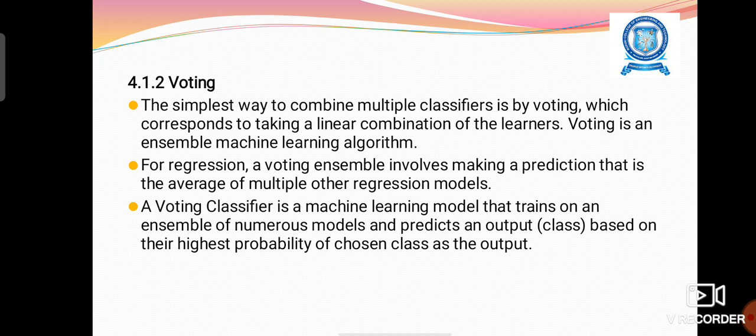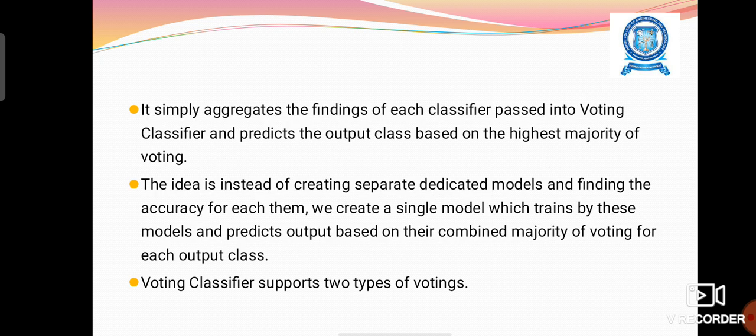A voting classifier is a machine learning model that trains on an ensemble of numerous models and predicts an output based on the highest probability of the chosen class. It aggregates the findings of each classifier passed into the voting classifier and predicts the output class based on the highest majority of voting. Instead of creating separate dedicated models and finding the accuracy for each of them, we create a single model which trains on these models and predicts output based on their combined majority of voting for each output class.